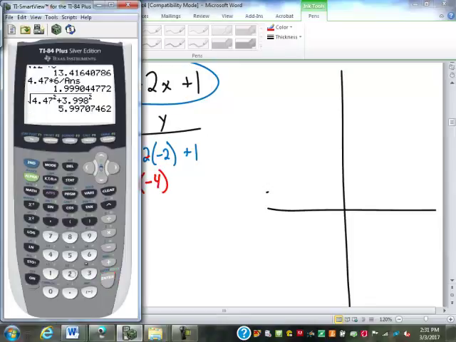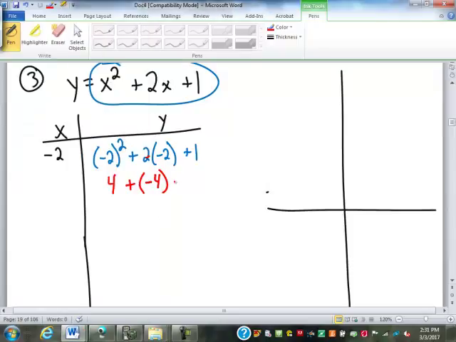You do 2 times -2, it's going to give you a -4, right? Then plus 1. So now what is 4 plus a -4? 4 plus -4 is 0. Plus 1 is 1. So here, when x is -2, y is a +1.